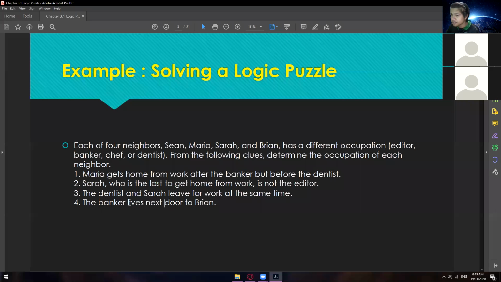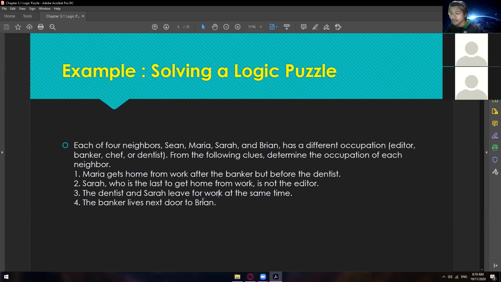So the very clue here is while you're near to the last clue, you must have already solved at least one. Okay? So parang ini-imply ko dapat na-maximize nyo na kung sino ba talaga yung isa na to. Okay? So hindi natin alam, baka si Sian, banker na siya, si Maria, dentist na siya, and so on and so forth.